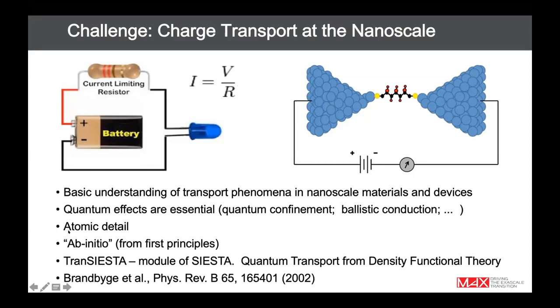Now, we also want to do it in atomic detail. When you change one atom in a molecule like this, the whole thing changes, the whole resistance can change. So we want atomic detail. And we want to do it from first principles, which is what SIESTA does. So for that, we developed almost 20 years ago a module for SIESTA, which was called TranSIESTA. It's still called TranSIESTA, which performs these quantum transport calculations fully from first principles, from density functional theory.